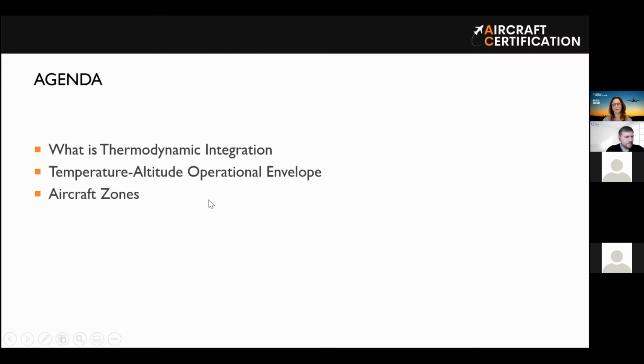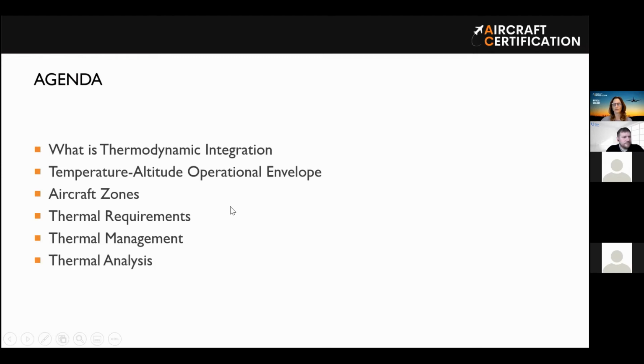We'll talk about aircraft zones and some thermal requirements that we have. Then I'll give one example of a thermal management system, just for us to have an idea of this system, and then I'll talk about thermal analysis for this example, and then we'll talk about some tests, and in the end talk about some technological challenges that we have now.